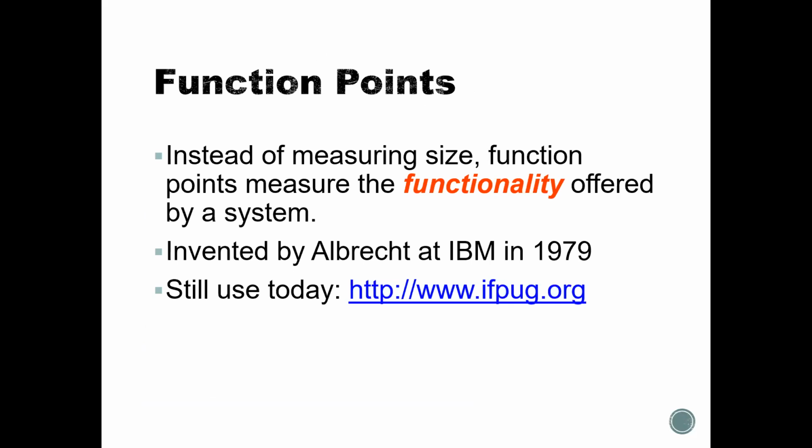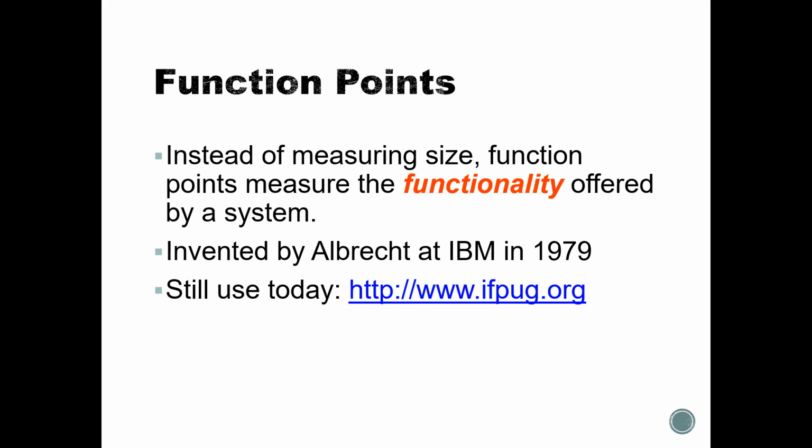Now we have a little information about what measurement is, why, and what we can measure. We can measure process, people, and product, and there are different aspects by which you can perform this measurement.